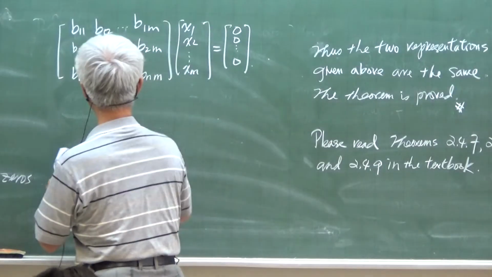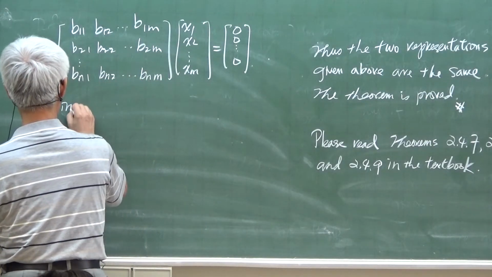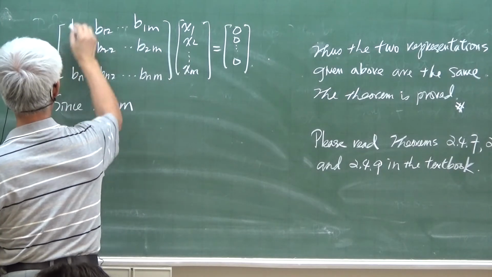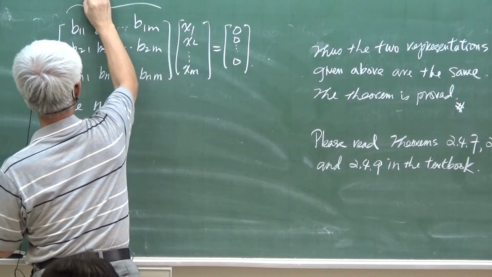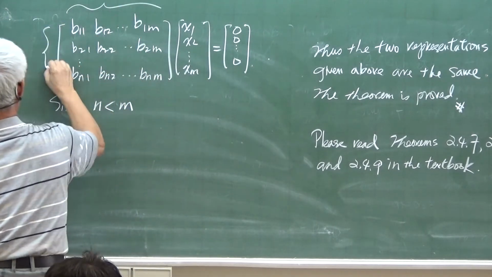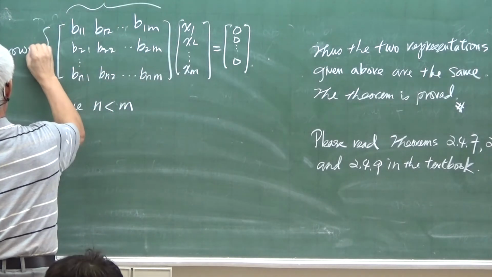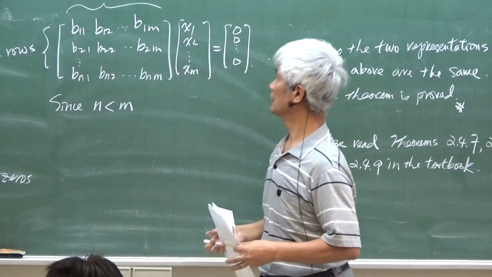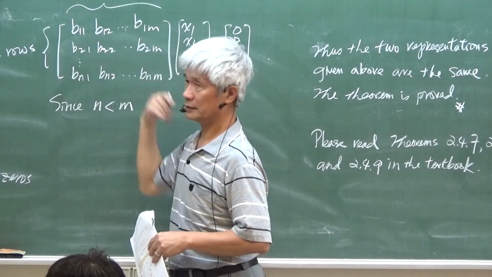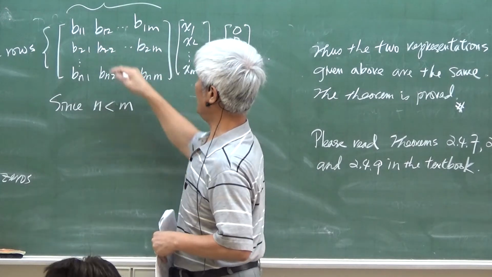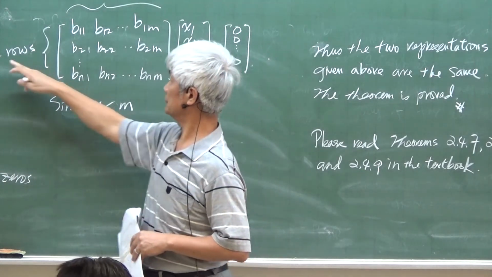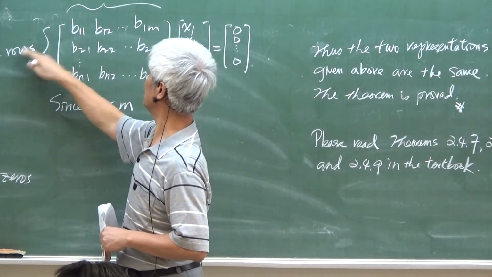Alright, so think n is less than m. So we have m columns and we have n rows. So we have more columns than rows. And the rank of this matrix is less than or equal to the minimum of n and m.